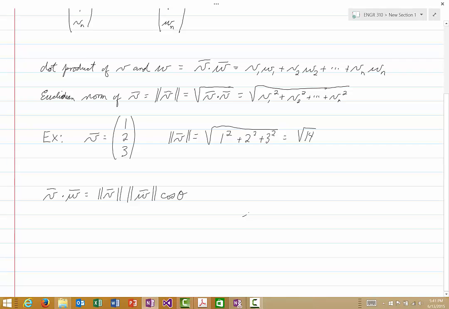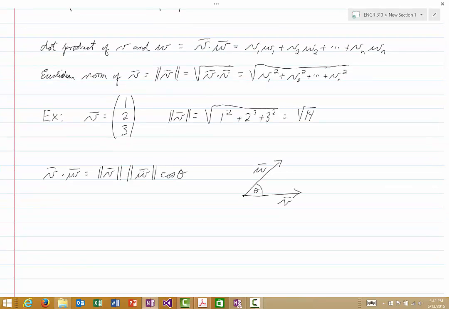So the idea here is that maybe one of these vectors is v and the other one is w, and we line up the vectors tail to tail. You can see that their tails are touching right here, and if we orient the vectors that way and define the angle theta between them like this, then the relationship between v and w, the norm of v, the norm of w, and that angle theta is given by this equation right here.